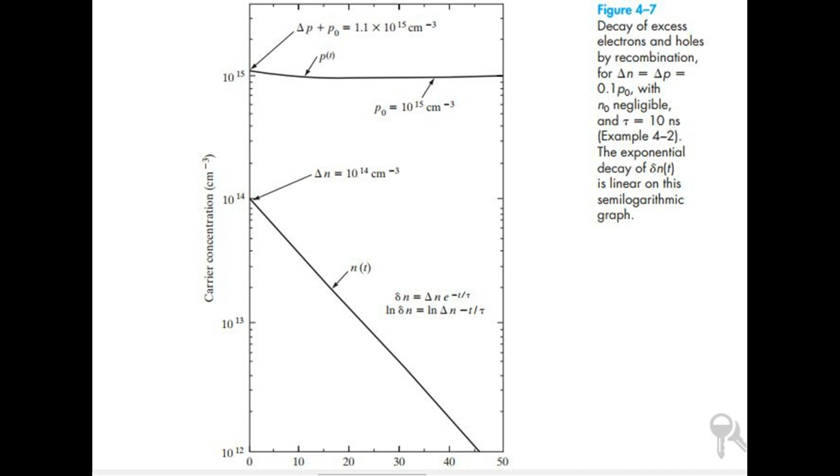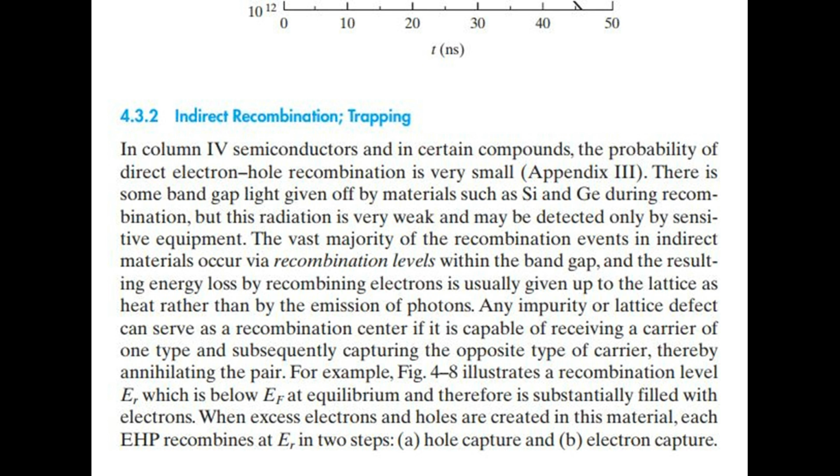Indirect recombination, trapping. In column IV semiconductors and in certain compounds, the probability of direct electron-hole recombination is very small, Appendix III. There is some band gap light given off by materials such as silicon and germanium during recombination, but this radiation is very weak and may be detected only by sensitive equipment.